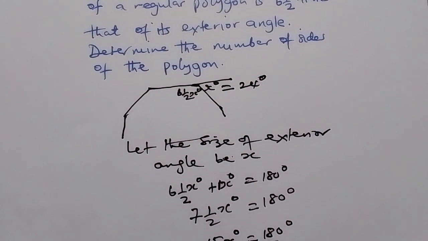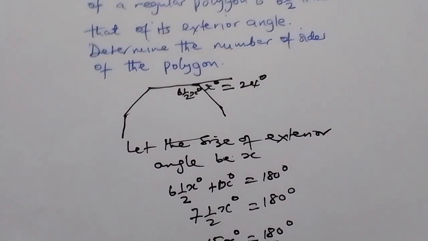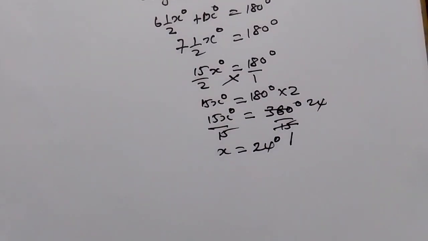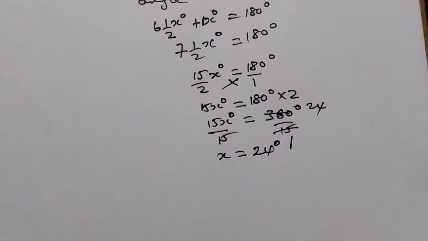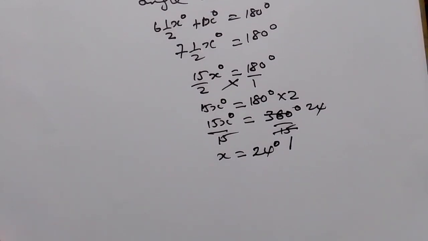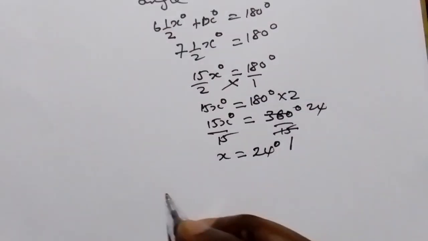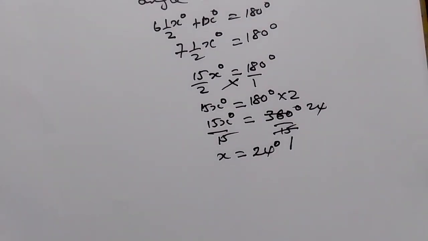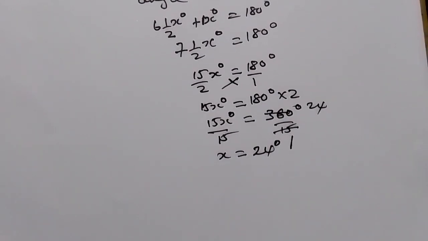Determine the number of sides of the polygon. This is a regular polygon. All sides are equal, all angles are equal. So the formula for finding the sum of exterior angles of a polygon is 360 degrees.